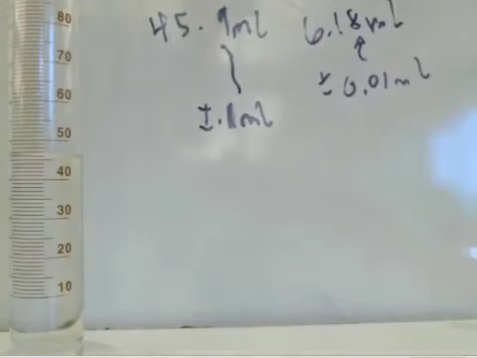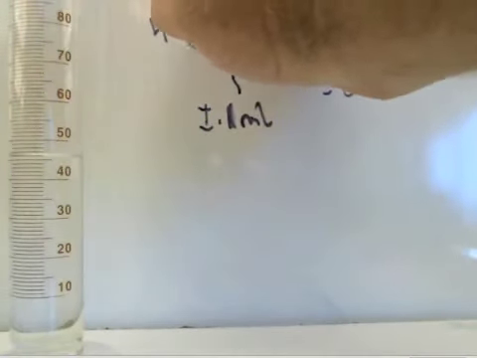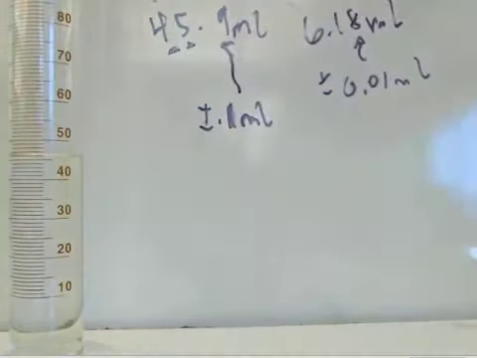We're also going to learn that we would say that the tens place, the ones place, and the tenths place were all measured. So we'll count, even though we guessed on the 9, we're going to say that the 4, the 5, and the 9 were all measured decimal places. We will call that 3 measured decimal places, or 3 significant decimal places, or significant figures for short.